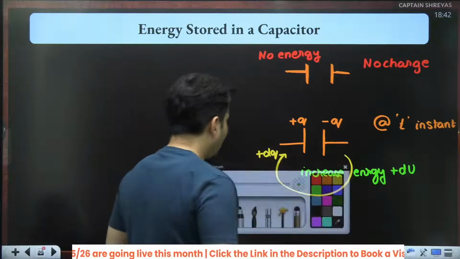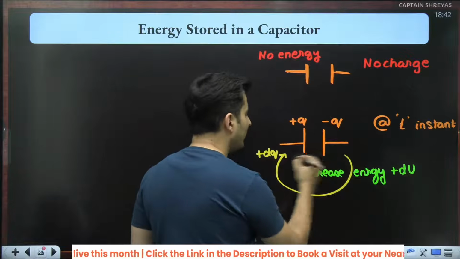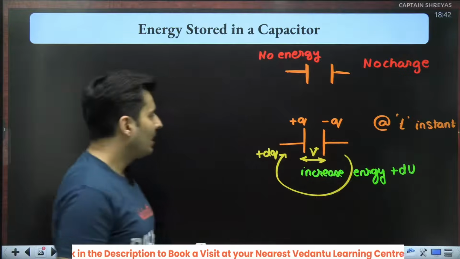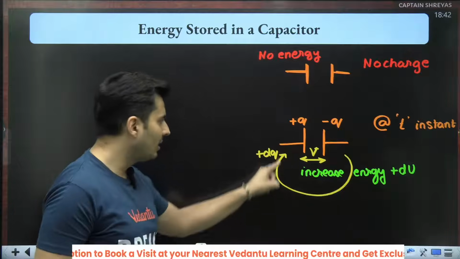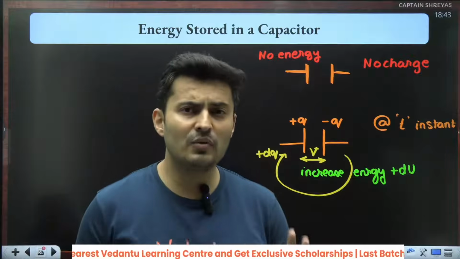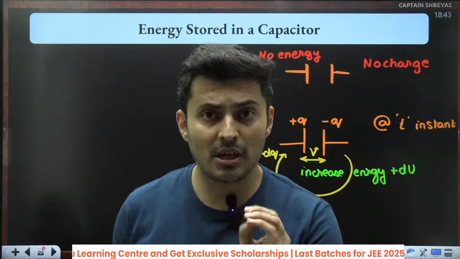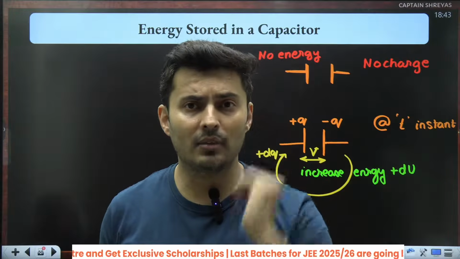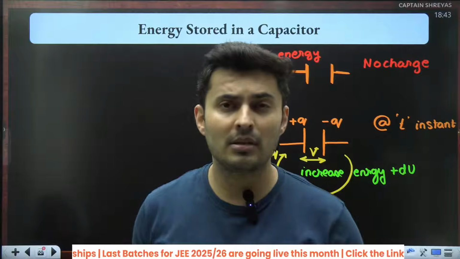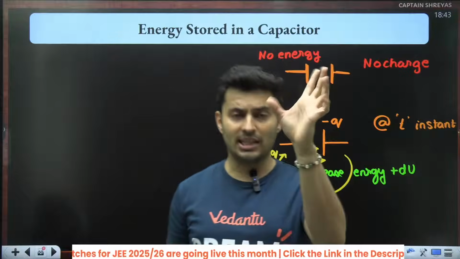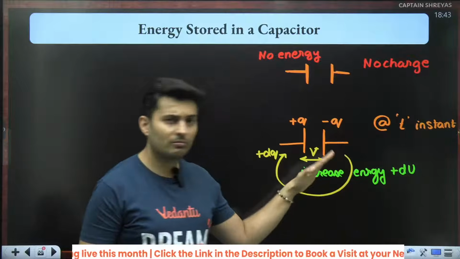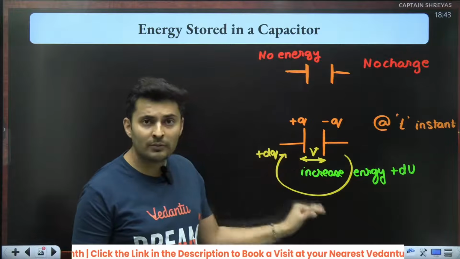At this moment, there was also a voltage difference between them. And you have taken a dq charge from here and taken it to a higher voltage. What happens when you take a charge from lower voltage to higher voltage? Its potential energy increases. Agree or disagree? A charge going from lower voltage, negative, to higher, positive, what happens?